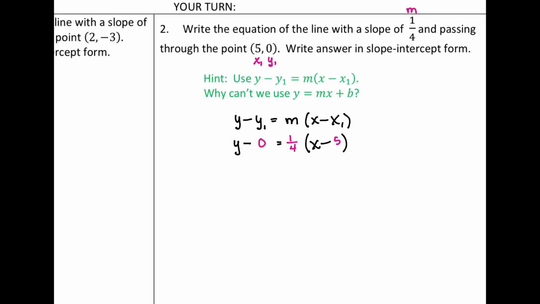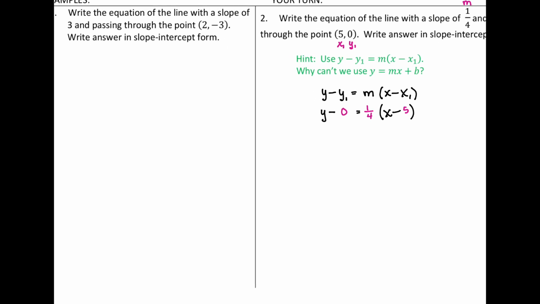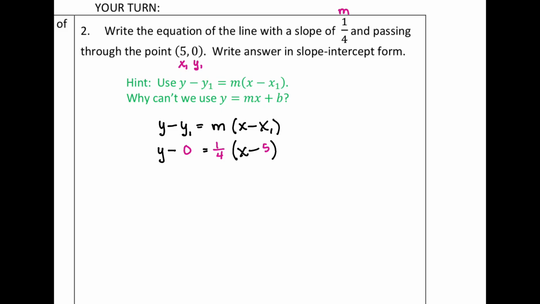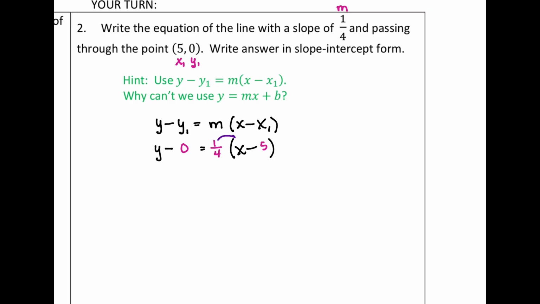Okay, let me put the steps over here. I erased them. I have no idea how I did that. Okay, so now we're going to clear the parentheses. That was step 2. So I have 1/4 x minus, okay, just a reminder on the multiplying of a whole number.